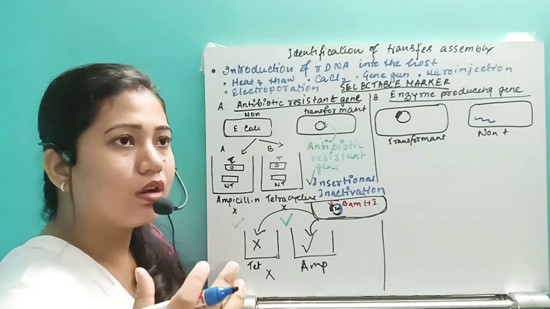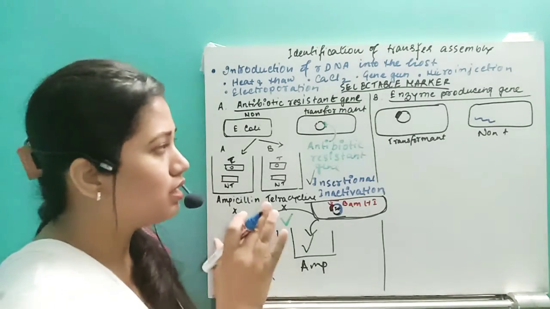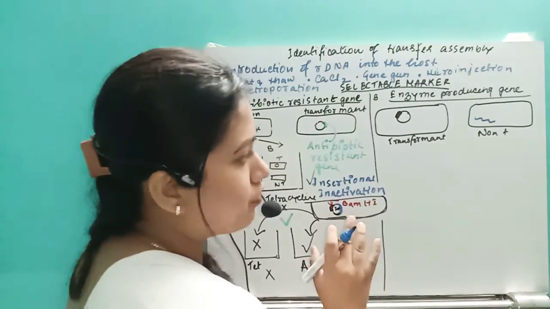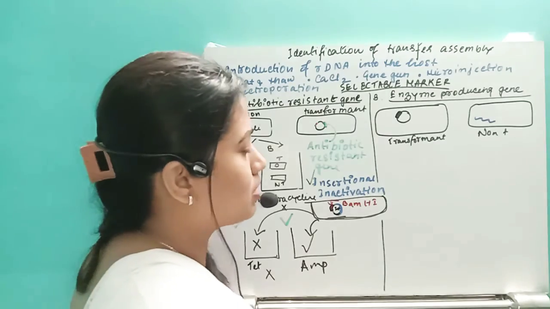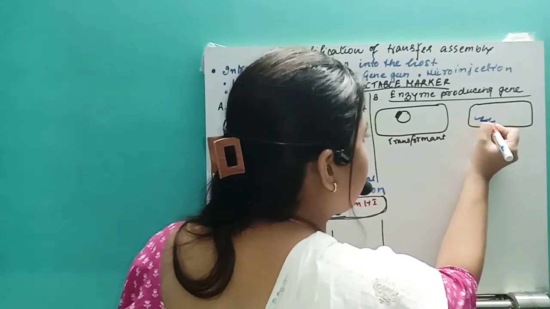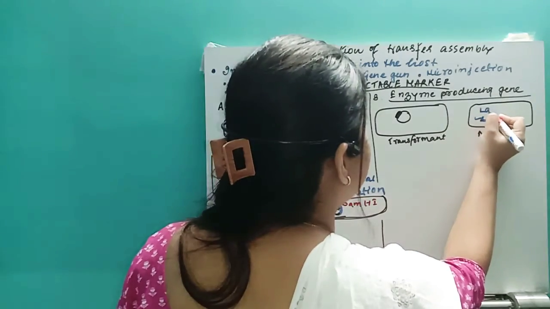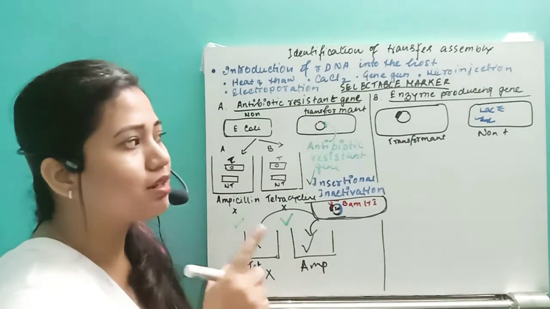If you have not studied it till now, whenever you study the lac operon, this concept will be more clear for you. So this is one gene fragment in the non-transformant. E. coli have their gene fragment. So in this E. coli, they are going to have a gene that is known as the lacZ gene, and the lacZ gene has to be present so that the E.